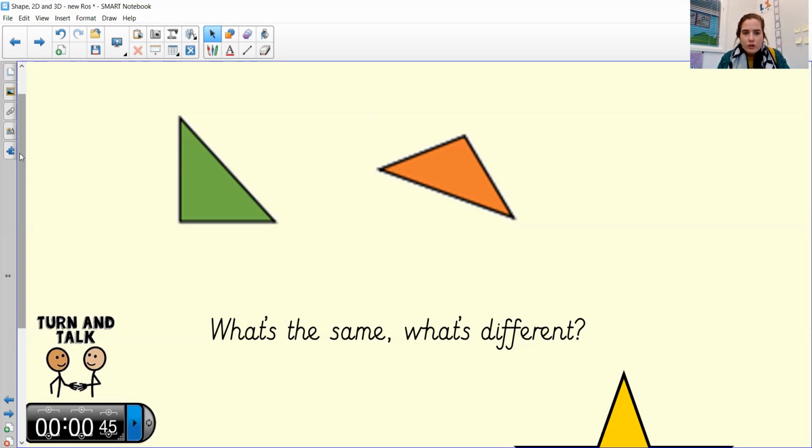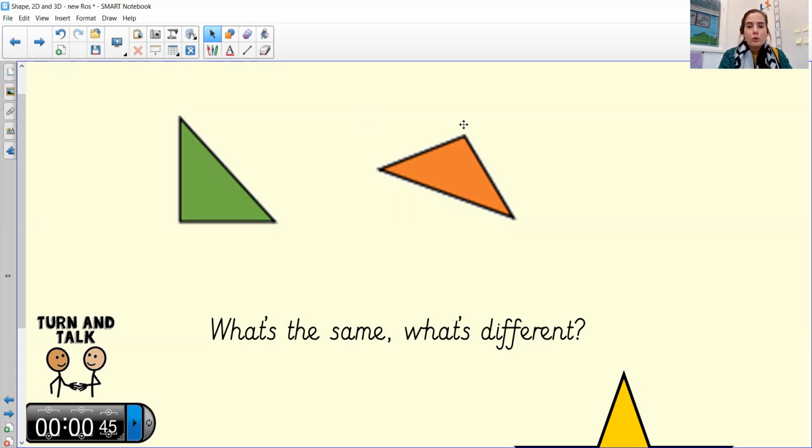I'm not really sure that they're similar sizes. The orange one could be slightly smaller if you were being really particular. And are all the sides the same length, or are they different lengths? So there's different things that we could say about them, things that are the same. Now I'm going to deliberately, at this point in the lesson, use non-mathematical language.